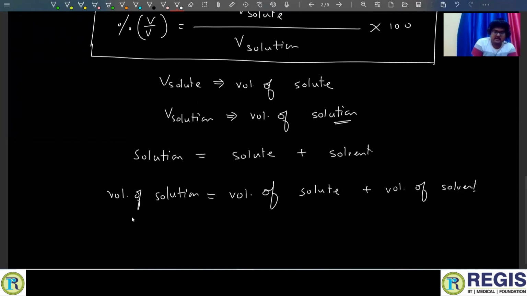Example, if you write down the example, 30 volume by volume percent of HCl.